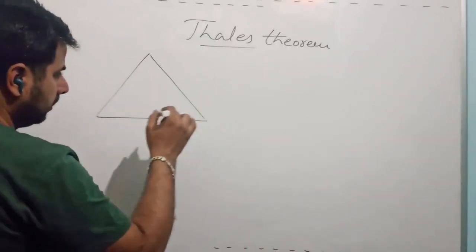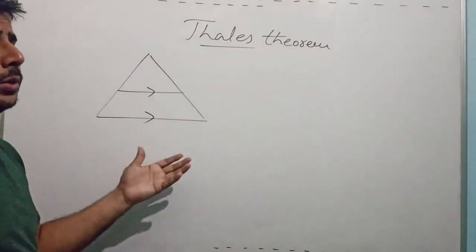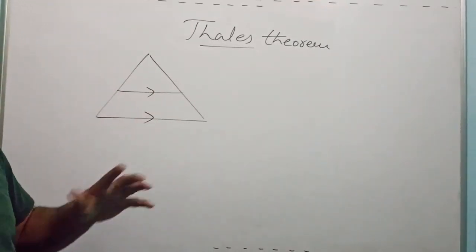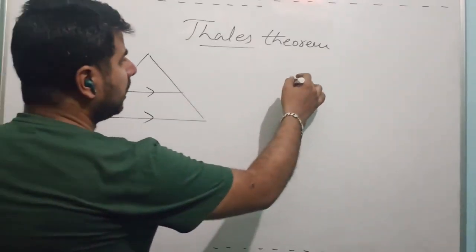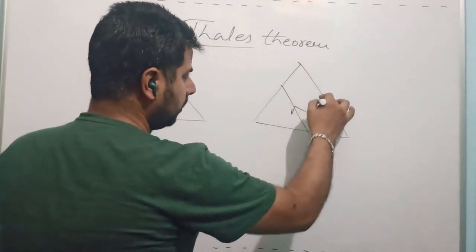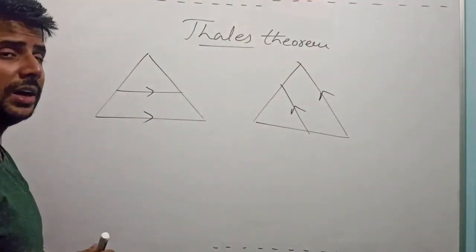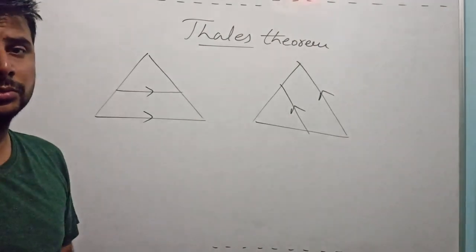If a triangle is not given to you like this, it becomes easy for everyone to locate the ratio. But instead of this figure, if you are given this figure, then many times I found that students get confused in taking the ratio.